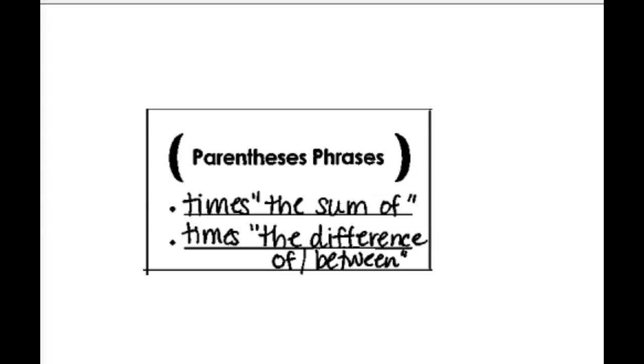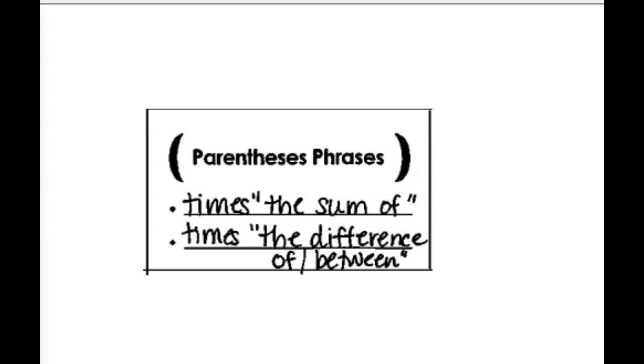The next one is parentheses. Okay, parentheses phrases. Parentheses deals with grouping. Now, that means that sometimes we have to group certain expressions together. When we group expressions together, we will have these types of words.